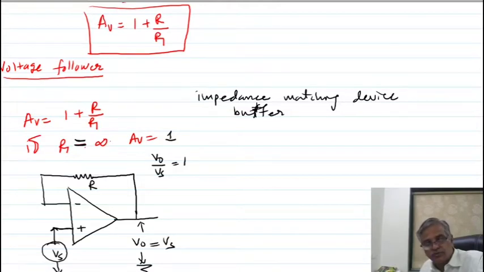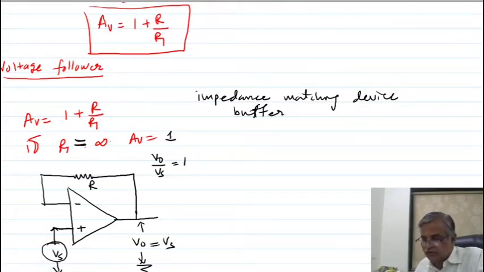I'll give you one example for that. Look here again. In a non-inverting amplifier, if I keep R1 infinite, then the voltage gain of the circuit is 1, and that circuit works as a voltage follower.